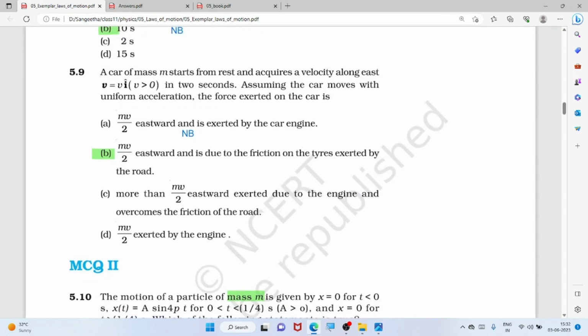A car of mass m starts from rest and acquires the velocity in 2 seconds, assuming that the car moves with uniform acceleration. Okay, uniform acceleration here. The force exerted on the car is 5.9.